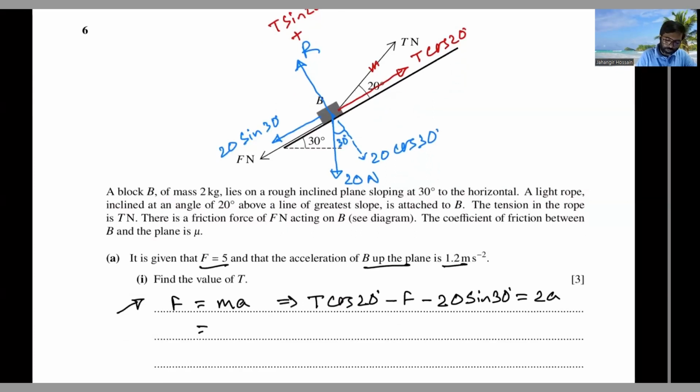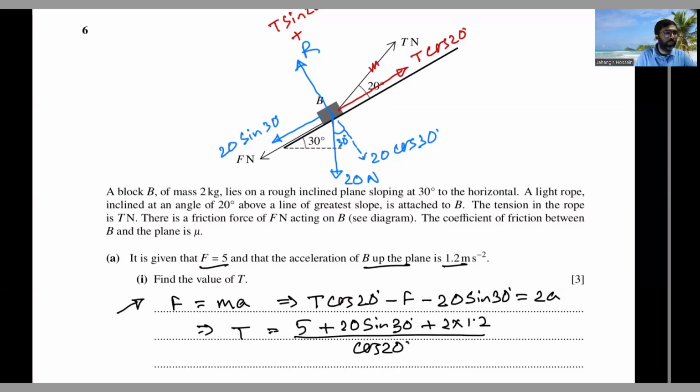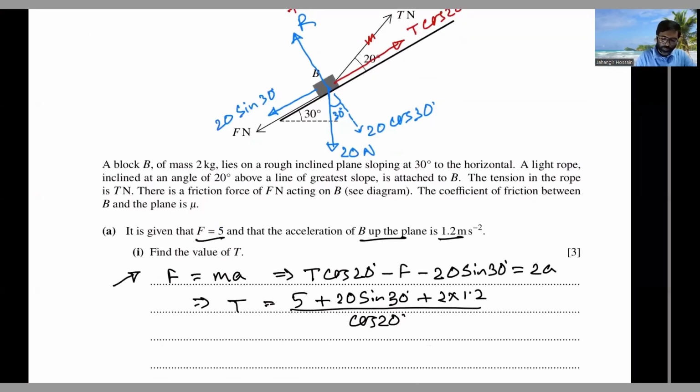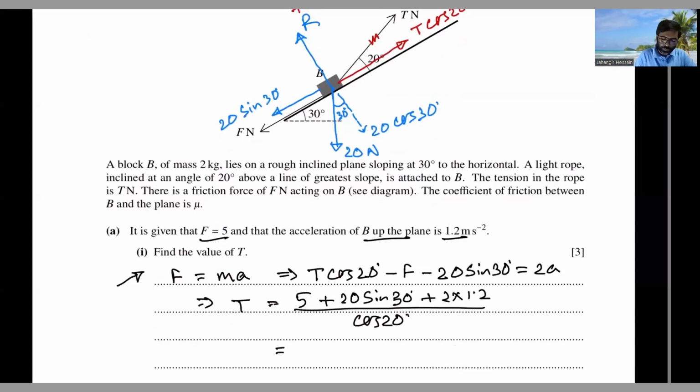So from this one, we have T equal to 5 plus 20 sin 30 plus 2 into 1.2, divided by cos 20. That will give you the value of T. If we keep it correct to 3 significant figures, it is 18.5 Newton. Okay, that's the value of T.